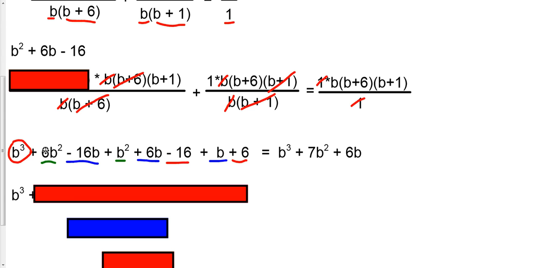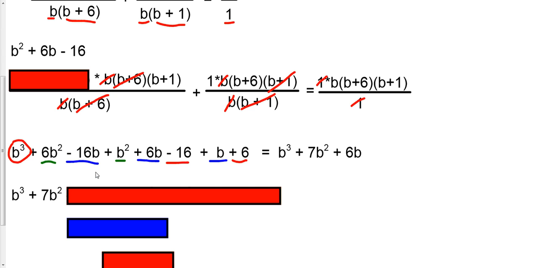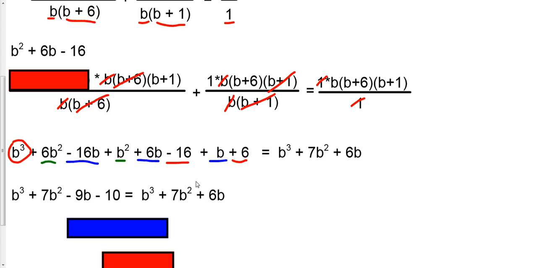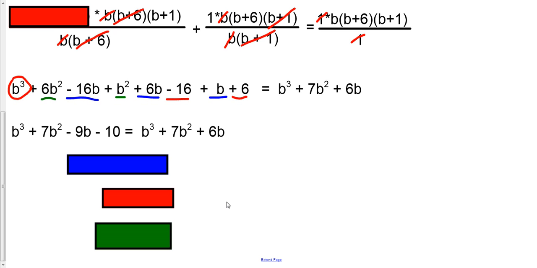For b squared, we had 6b squared and 1b squared, so we have 7b squared. For our b's, we have negative 16b plus 6b plus 1b, so we'd have negative 9b. And for our constants, we have negative 16 plus 6 becomes negative 10. All of this is still set equal to that LCD from before, so this is our equation at this point.